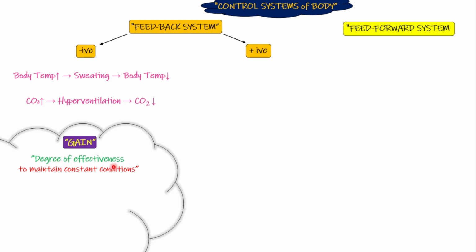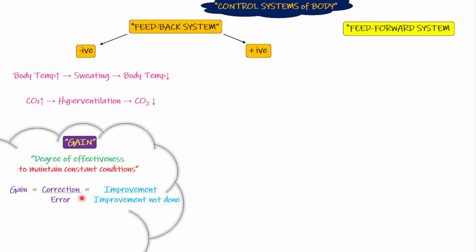So this is the degree of effectiveness to maintain a constant condition. Now in Guyton, the gain is explained by a formula, which is gain is equal to correction over error. Now, what exactly is correction and what is error? Correction is the improvement done and the error is the improvement not done.